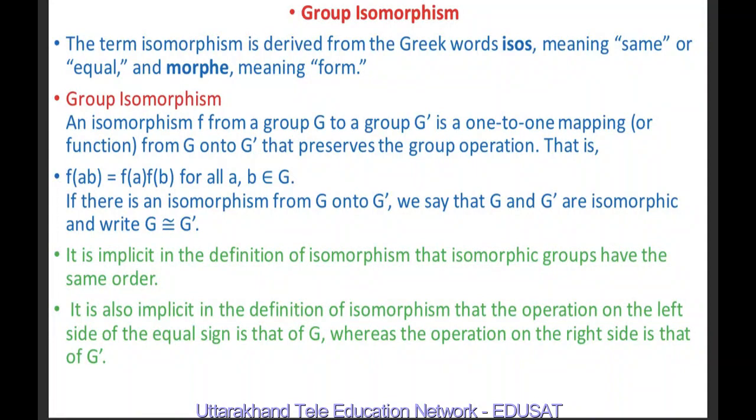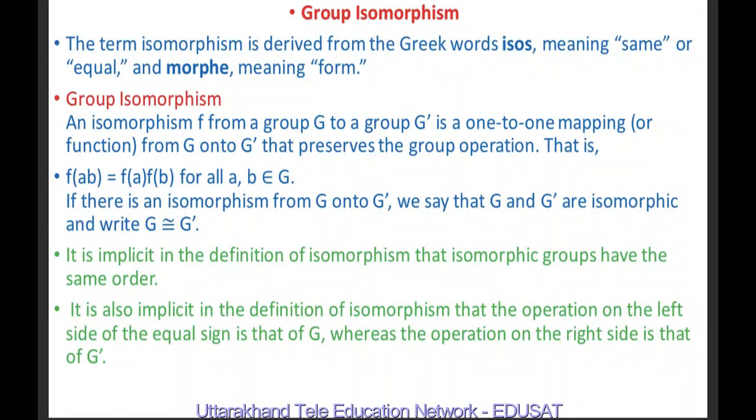So an isomorphism f from a group G to a group G dash is a one-to-one mapping from G onto G dash that preserves the group operation. That is, f of ab is equal to f of a times f of b, for all a, b belonging to G. It means the mapping f should be one-to-one, it should be onto, and f of ab should be equal to f of a times f of b, meaning it should preserve the group operation.